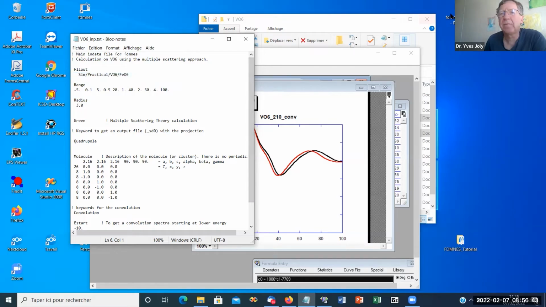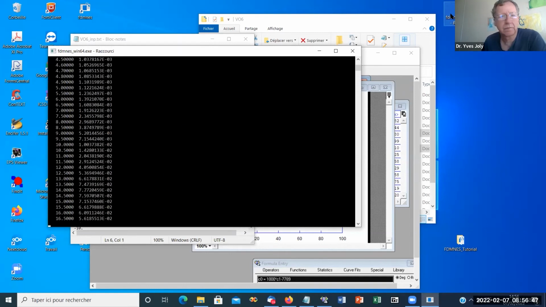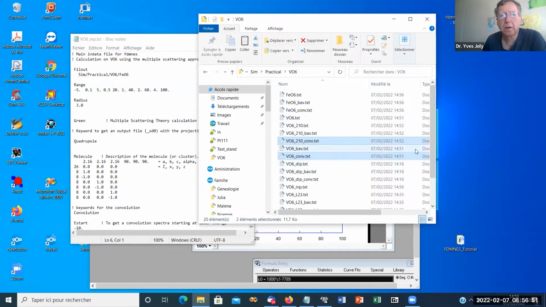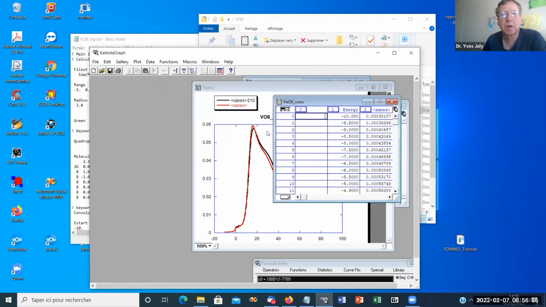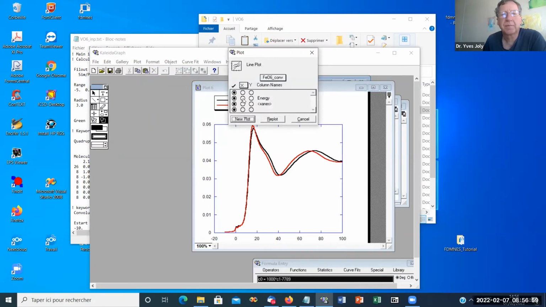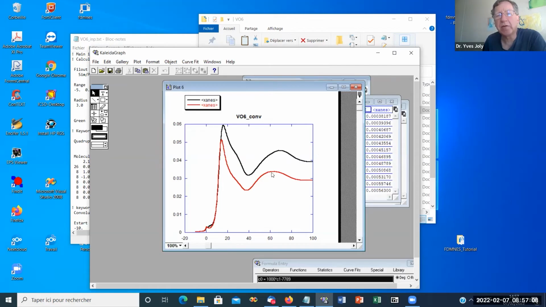I save. I run again. The new one is here. I run. Okay. So the new one is iron, and the previous one is vanadium.